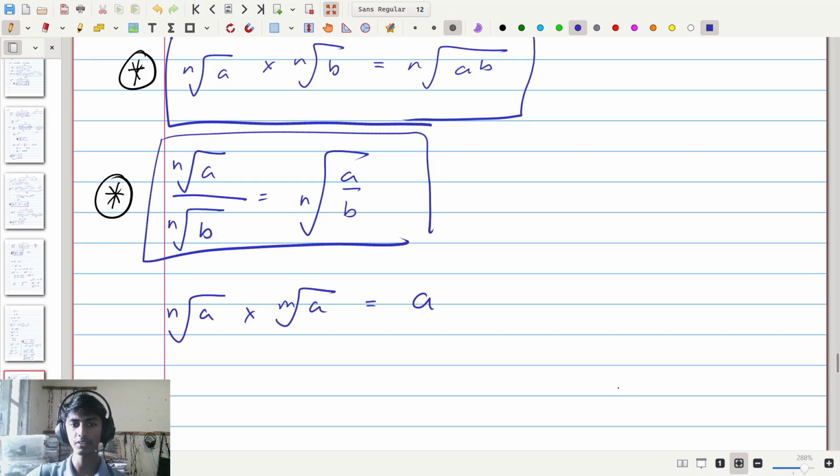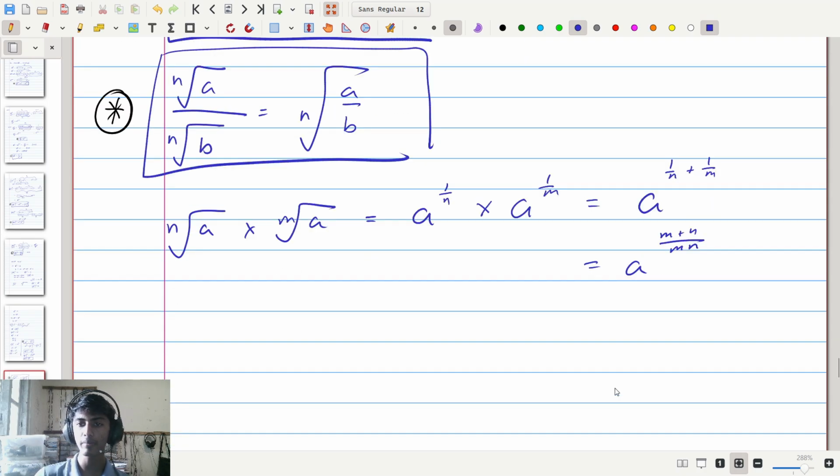if we just write this in index format, a to the 1 divided by n times a to the 1 divided by m, which is a to the 1 divided by n plus 1 divided by m, which is a to the m plus n divided by mn.